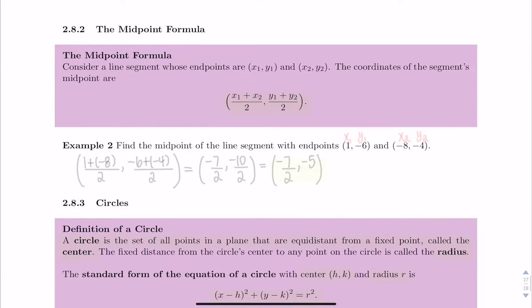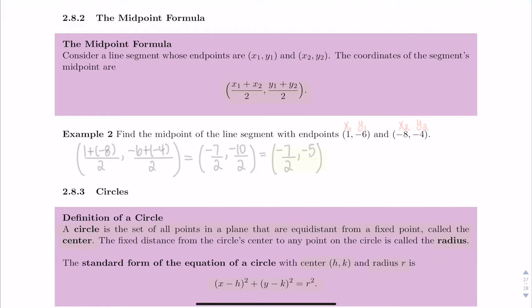The midpoint formula, so if we consider a line segment whose endpoints are x1, y1, and x2, y2, the coordinates of the segment's midpoint is x1 plus x2 over 2, comma, y1 plus y2 over 2. So you're just finding the average of your x coordinates and the average of your y coordinates.